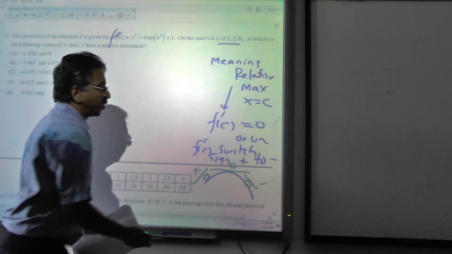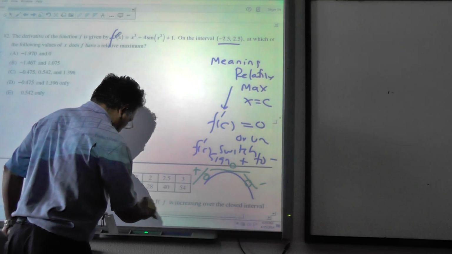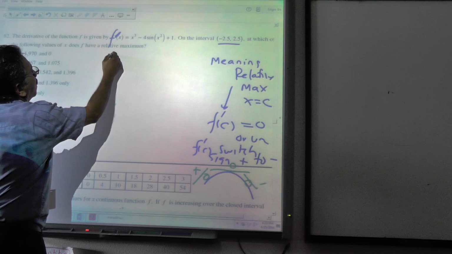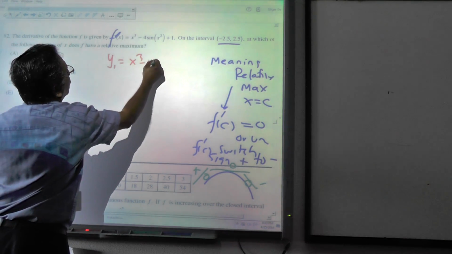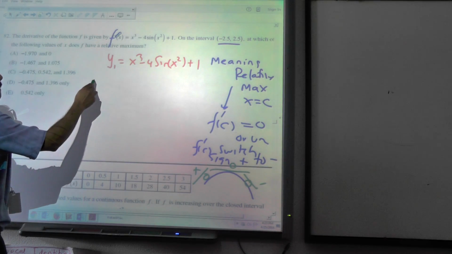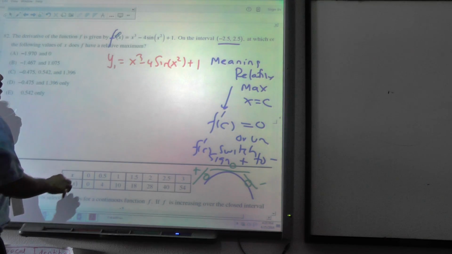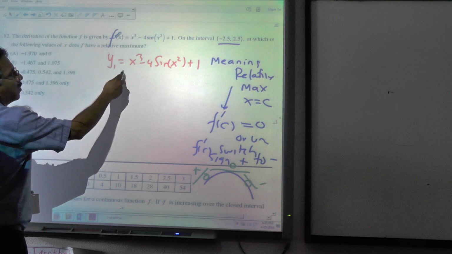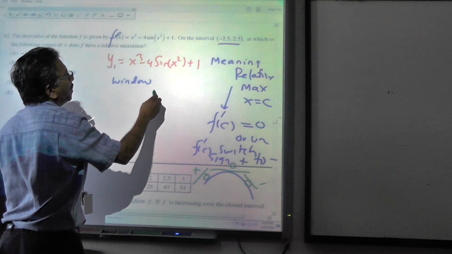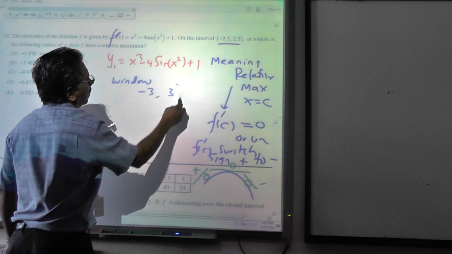Here it is 0. The slope here is positive, then 0. So we need to figure out where it becomes 0. To know that, you can use your calculator. Go to the y editor, put in x cubed minus 4 sine x squared plus 1, and since you are supposed to look from minus 2.5 to 2.5, go to the window, and take the x-axis from minus 3 to 3.